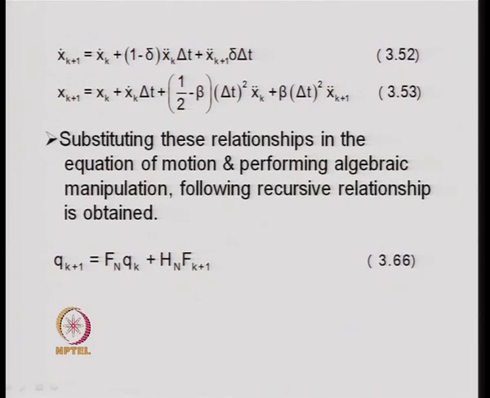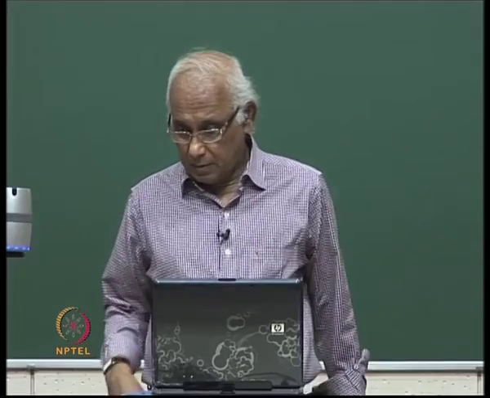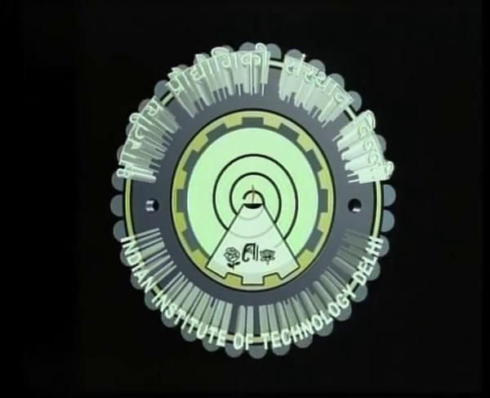Again this is in recursive form, and this recursive equation provides you all 3 responses at a particular time station with the help of the responses at the previous time station. And the F n matrix and the H n matrix are given over here. The alpha turns out to be this quantity.